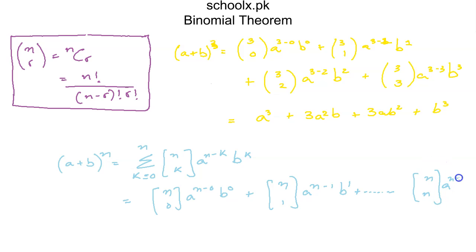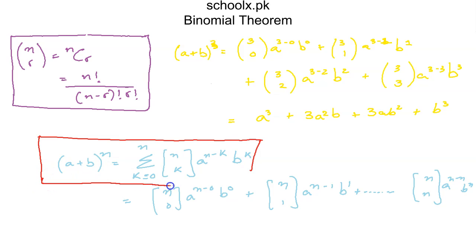And a^(n-n) into b^n. Get it? So you need to learn these two formulas in order to use the binomial theorem. This one and this one. You do not need to actually learn them, but you need to understand them completely, 100%. Right? Because the questions of binomial theorem aren't as easy as you think.